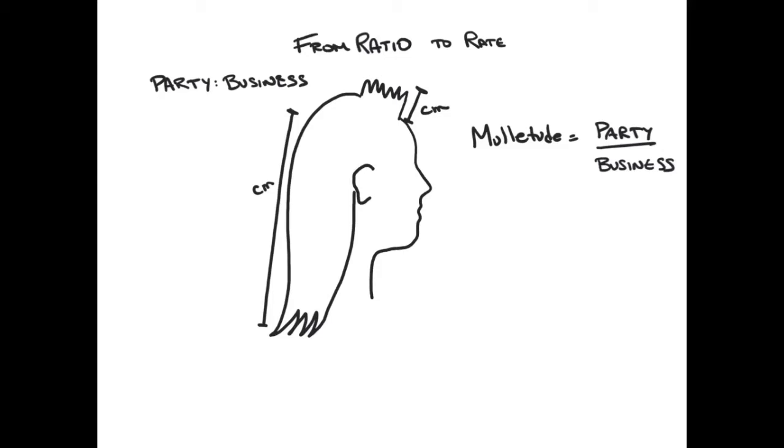So we can reduce that to PB. And that's just how, if you were talking about kilometers per hour, you would say K-H. So kilometers per hour, that is party per business.